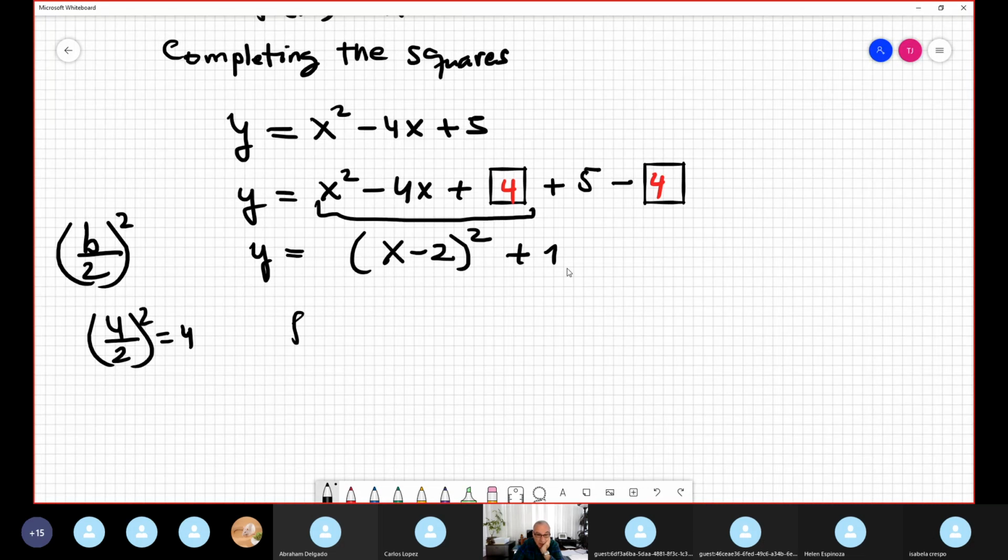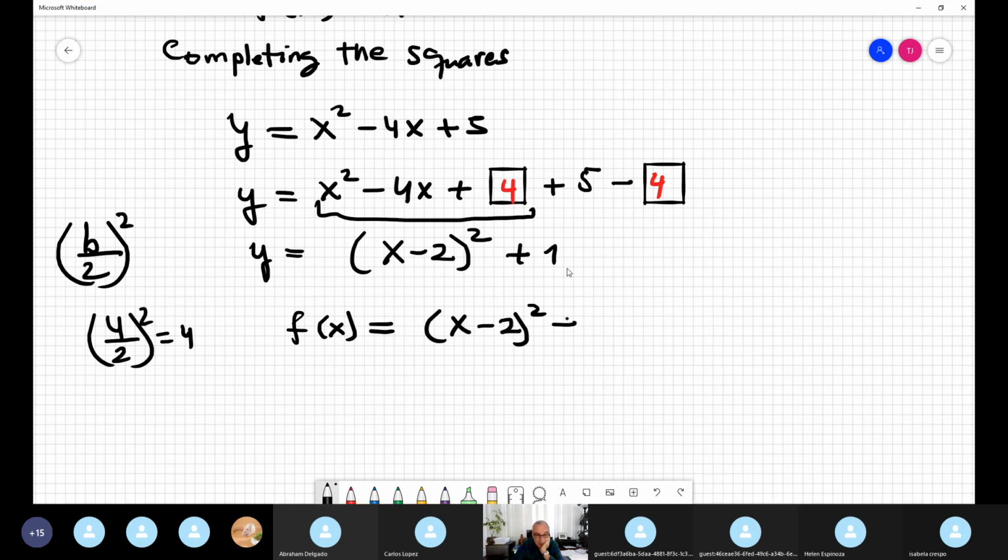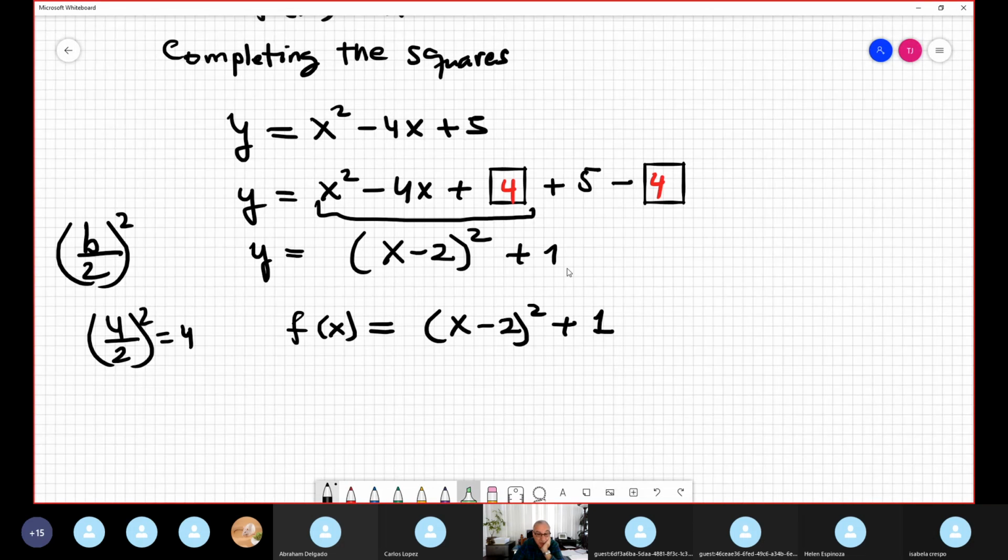Oh, wow. This new function is 100% equivalent to the original. This is the same as this. However, I can see clearly now what the transformation is.